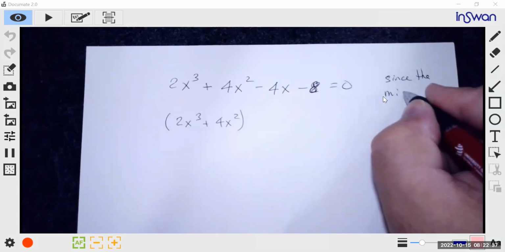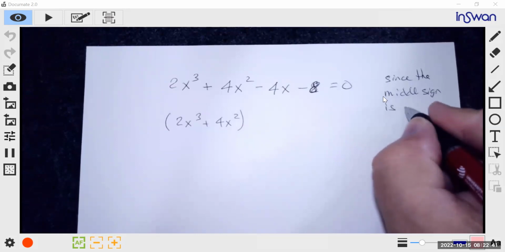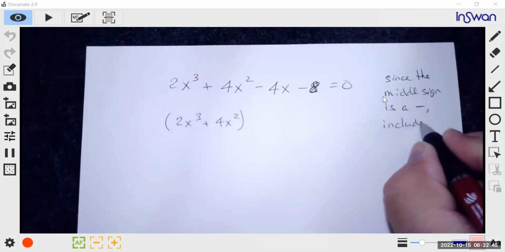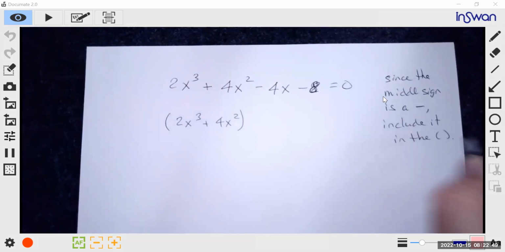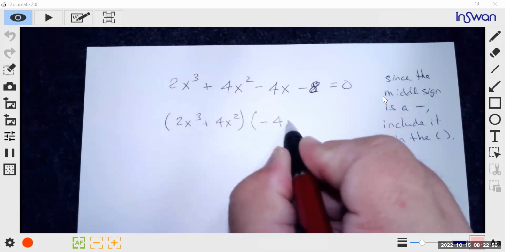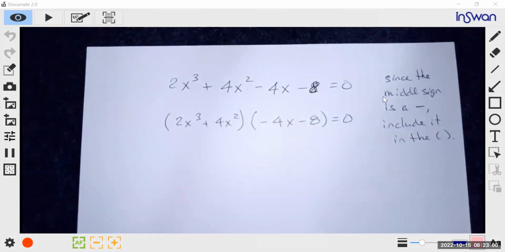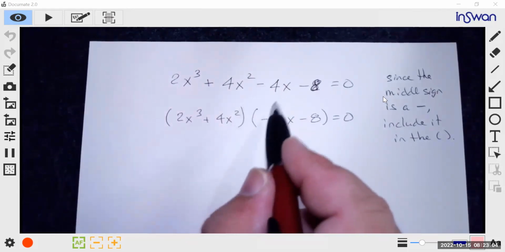Since the middle sign is a minus, include it in the parentheses. If it's a plus, you don't have to include it.